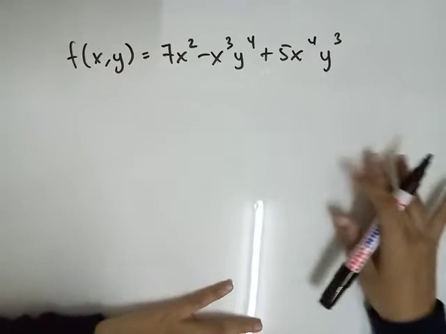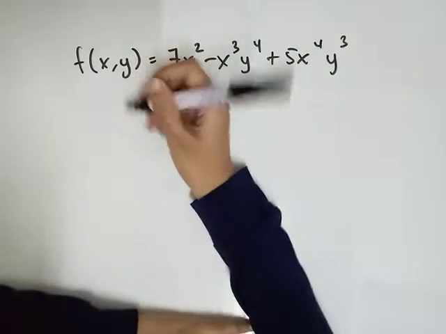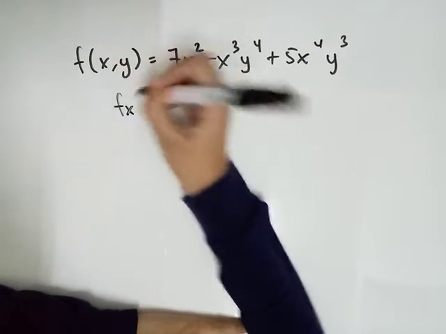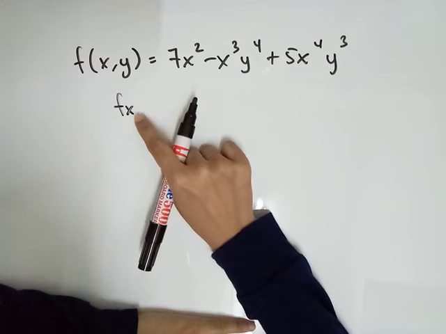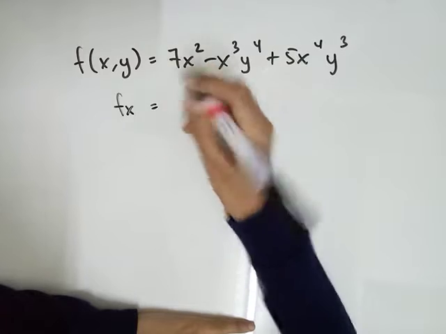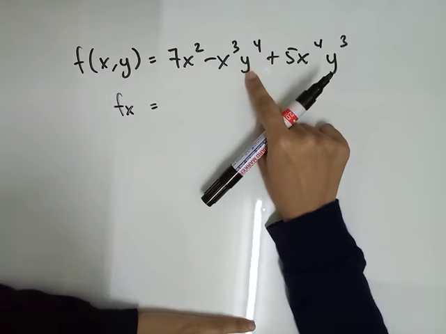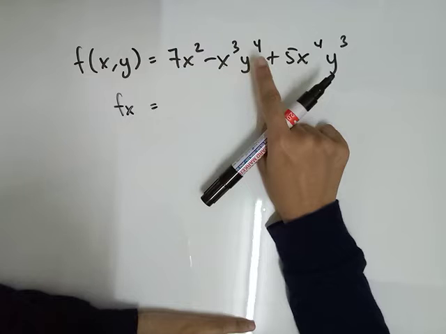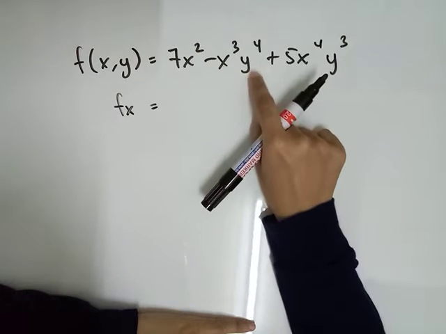Let's say we want to differentiate with respect to x, which is fx, the partial derivative of variable x. So we assume y is a constant. That means we only differentiate with respect to the variable x, and y is a constant.